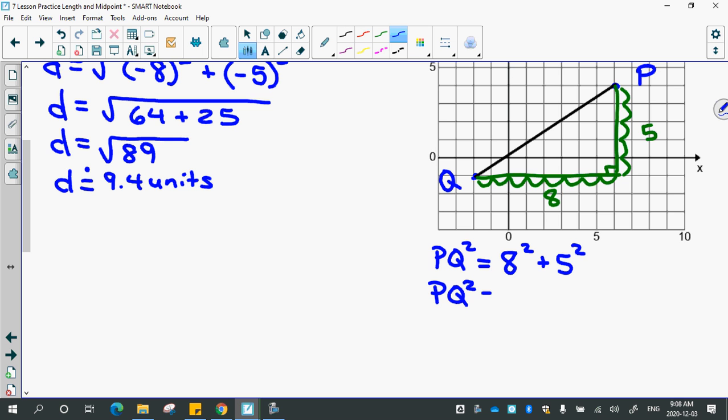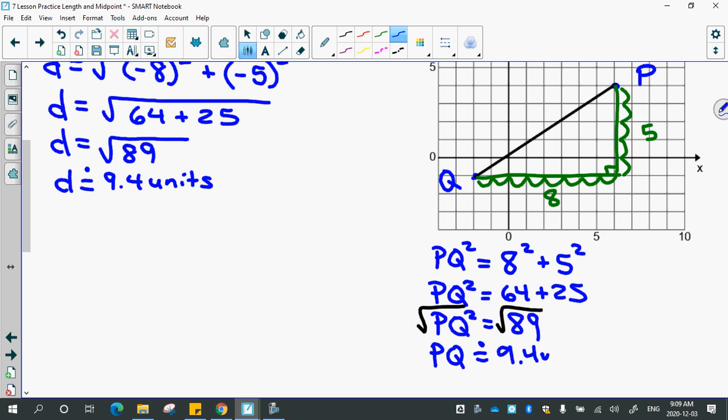Hypotenuse squared, so PQ squared is 64 plus 25, which is 89. But you'd still need to square root. So using the Pythagorean theorem, we also get approximately 9.4 units.